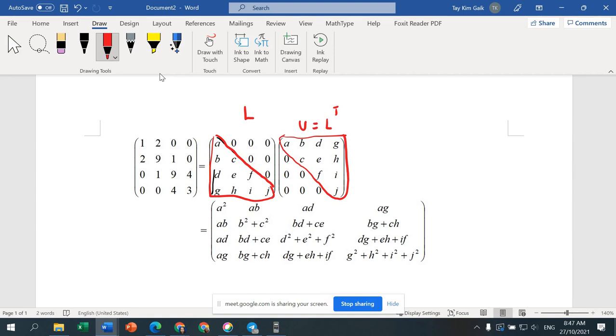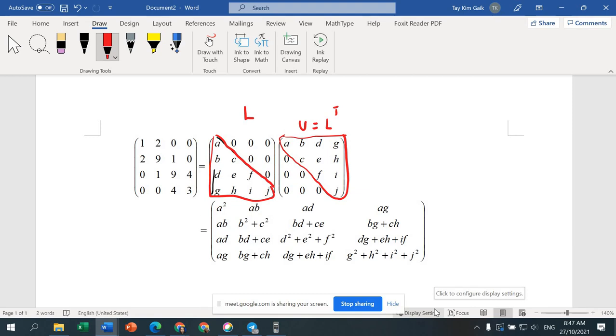That's why if you form the L and U wrongly, you waste time doing your matrix multiplication. This is wrong, so then the rest will be gone. So it's very important to get the correct L and U.